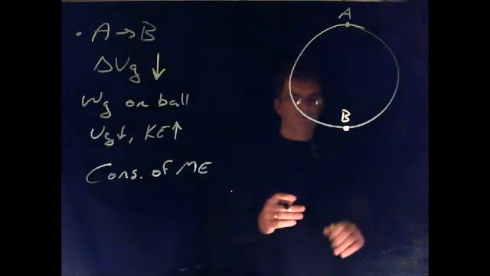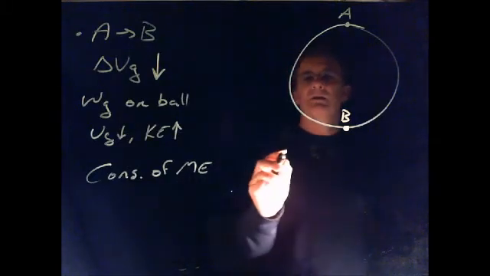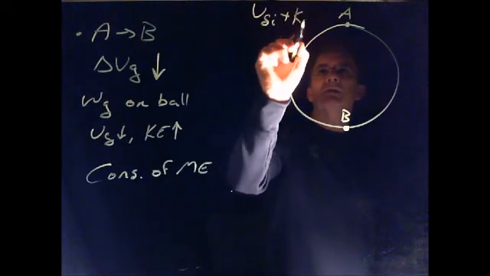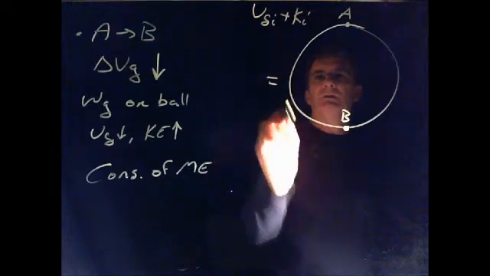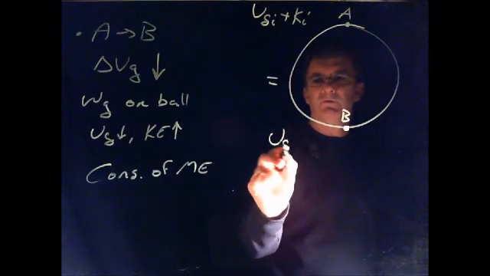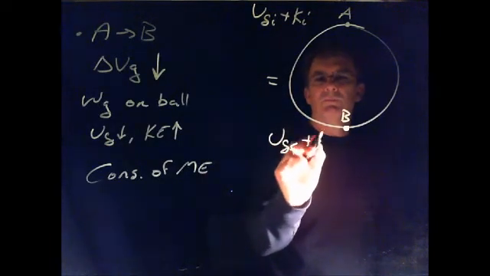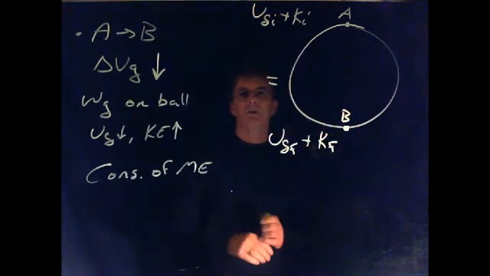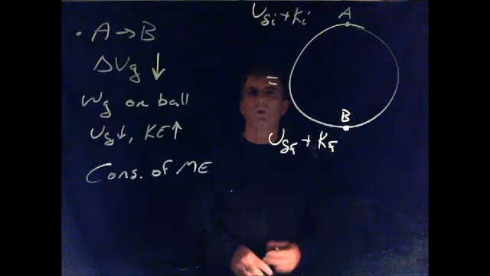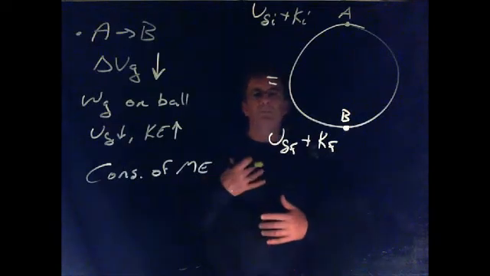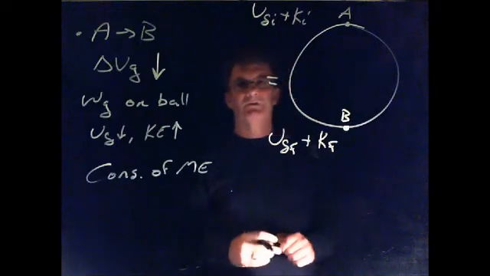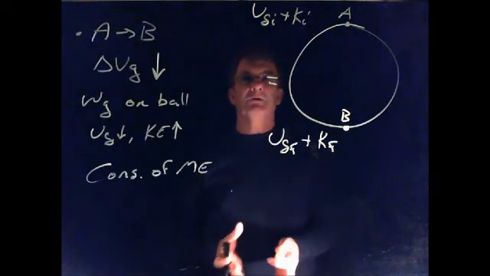And so we just use our very nice Ugi plus kinetic energy is equal to my final gravitational potential plus my final kinetic energy. Depending upon what the problem is giving us, this final gravitational term might be definable as 0.